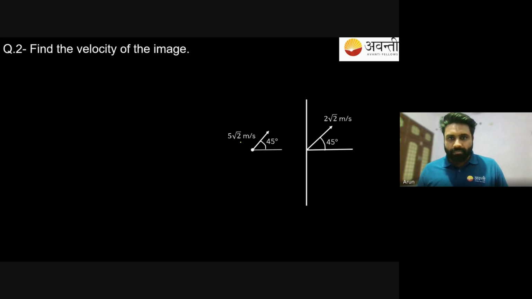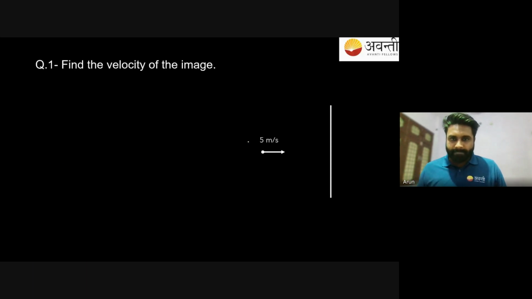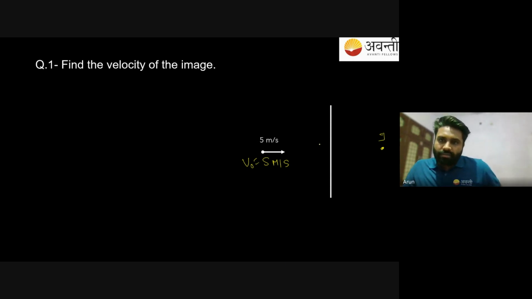This is V_O, which is equal to 5 meter per second. The image will form somewhere here, I. What is the answer to this question? Just write it in the chat box. I'm giving you 5 seconds. The question takes less than 5 seconds.